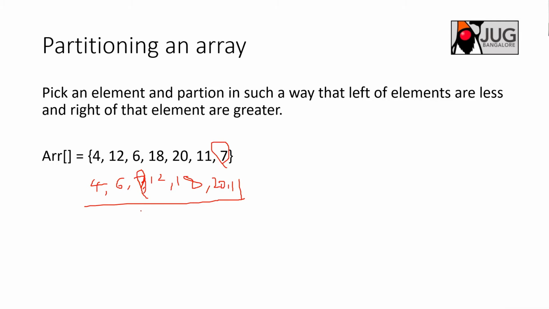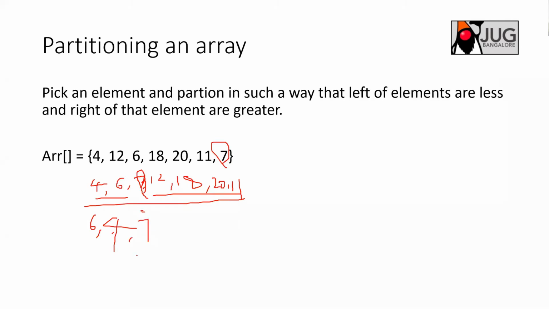Do note that I'm not sorting this left sub array and right sub array, I'm just placing. That is not the goal of this. The goal is that the elements on the right side have to be greater than the pivot, and the left elements can be less than the pivot. And your algorithm may place 6 and 4 in either order, but it is still fine because elements on the left side are less than the pivot element.